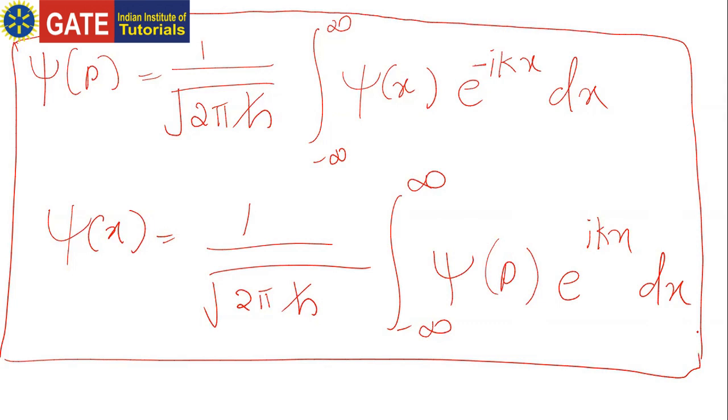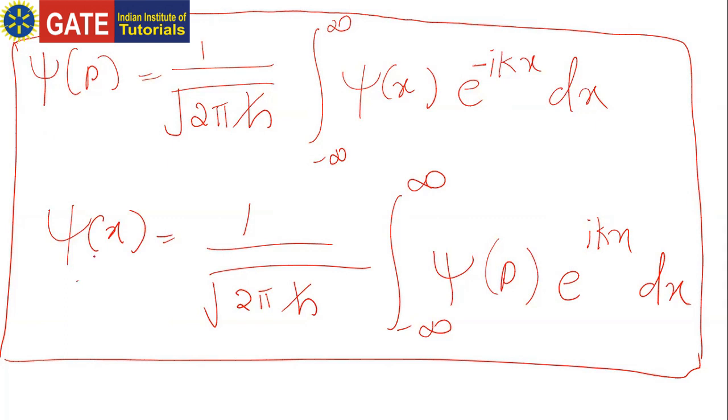Should it be IKP dp? Inverse transform. But for converting position space to momentum space and momentum space to position space, these two equations are enough. No, in the second equation, x should not be there, p should be there.